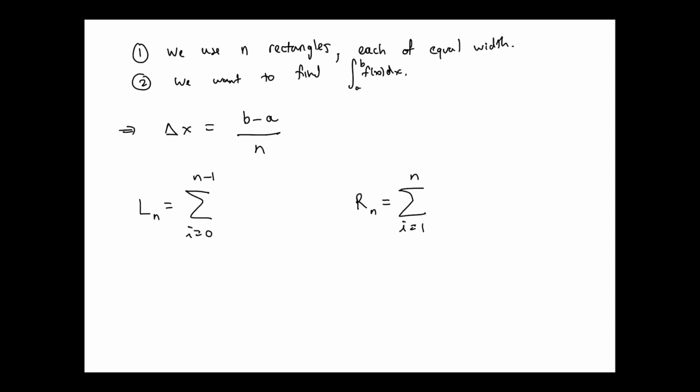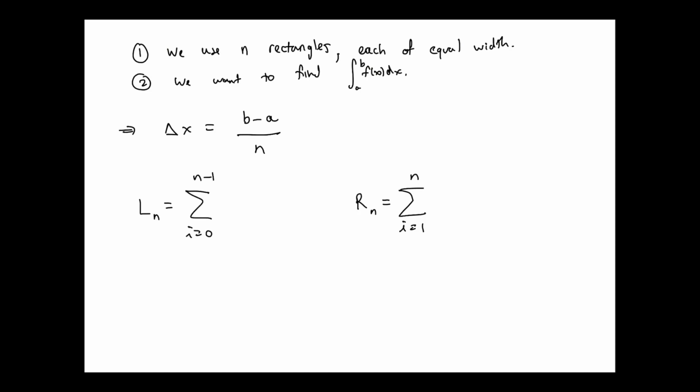How many things are there if you start counting at 0 and you stop at n minus 1? There are a total of n things. Another way to think about this is if I have 10 feet of fence and a post every foot, how many posts are there? There's actually 11, not 10. Does that make sense?